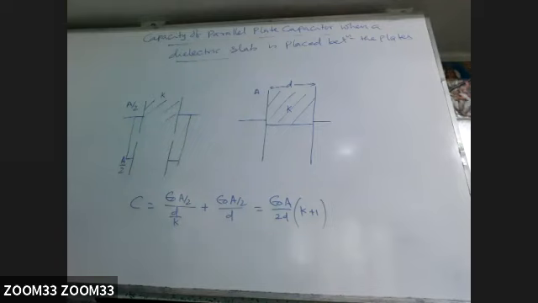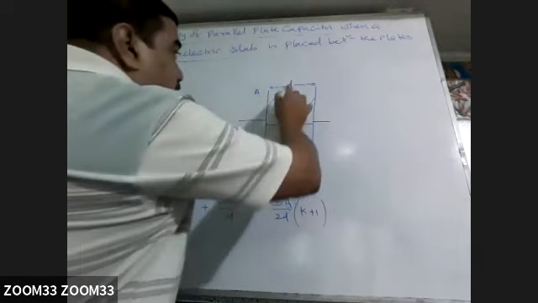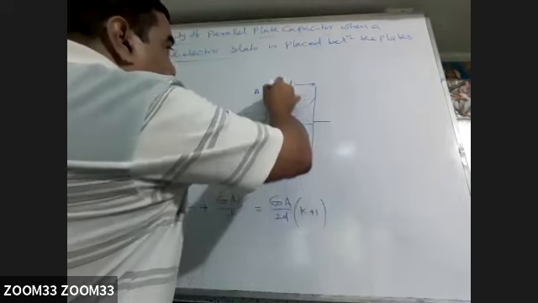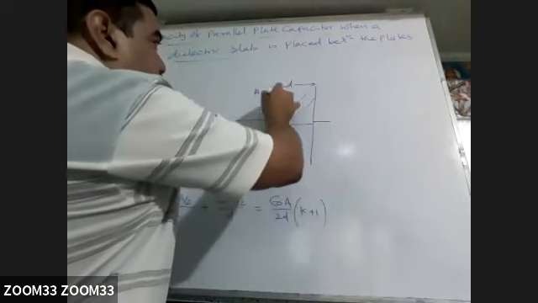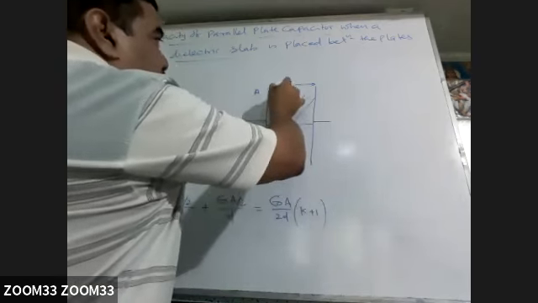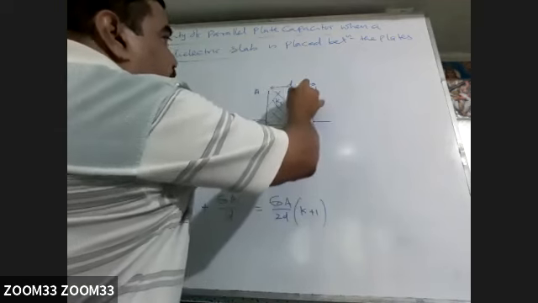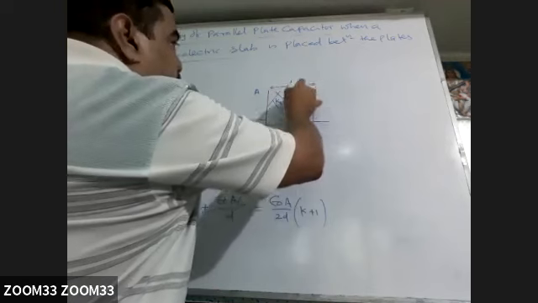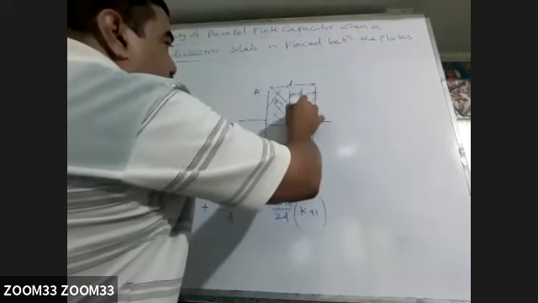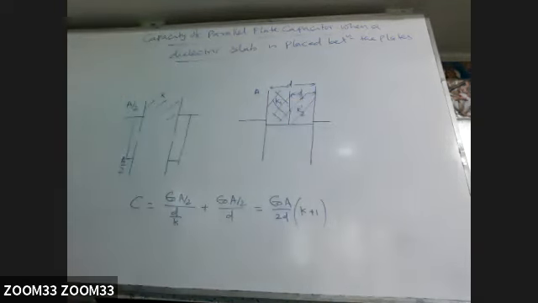So this way it will be. Now, sometimes in this part only there will be two different dielectrics, d by 2 is this K1 and d by 2 is this K2. Now what will be the situation?